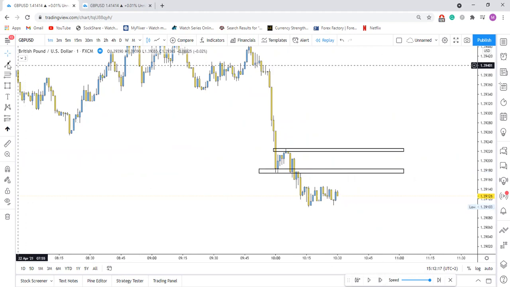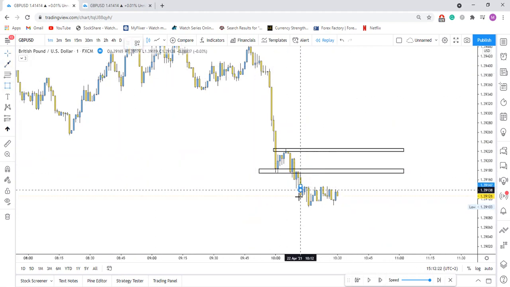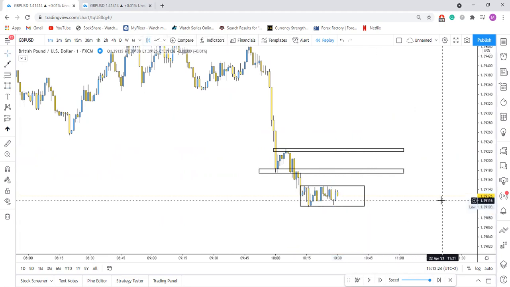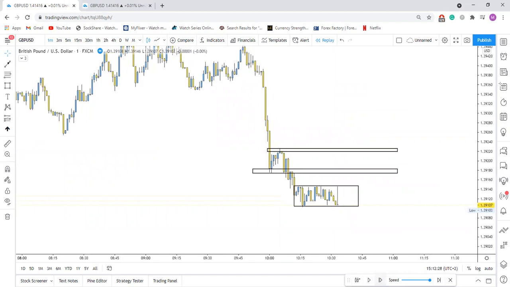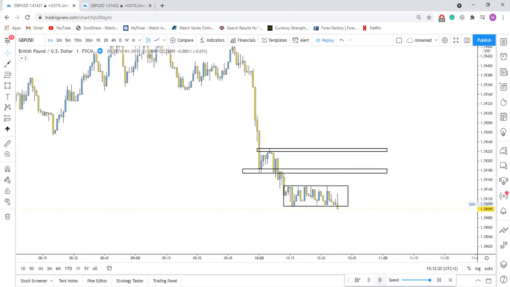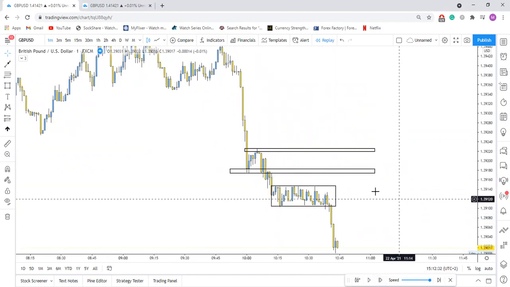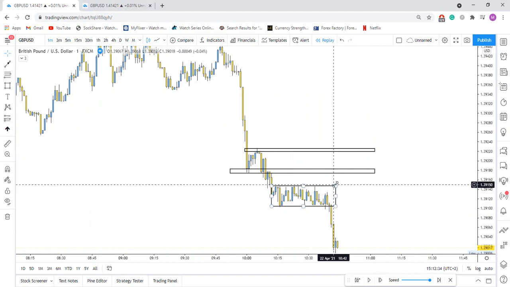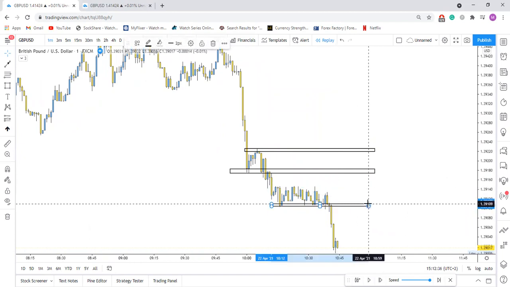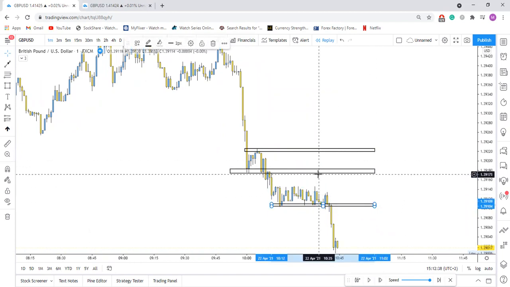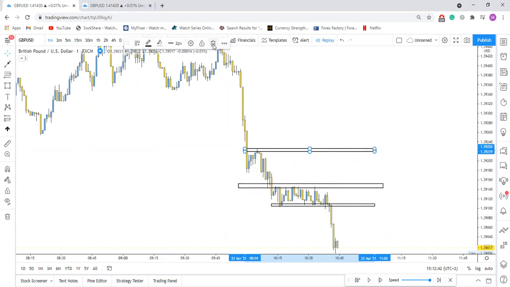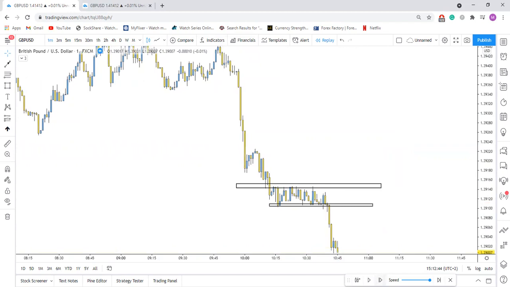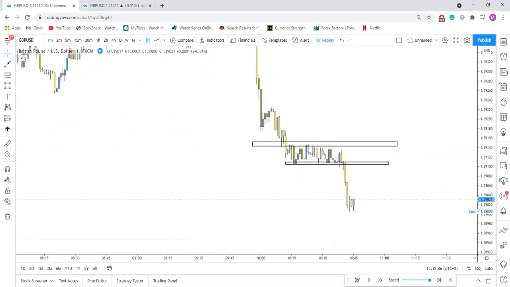So now you can see we're very rangy at this point. Let's see exactly what happens. We get the breakout, this now becomes the low, and the high of that range becomes the high. Let's see if we can catch a retest of that.